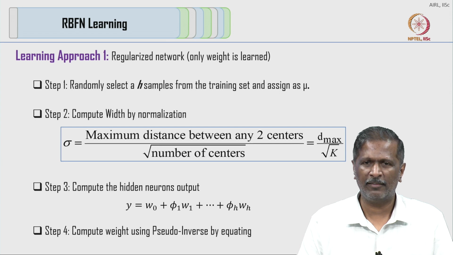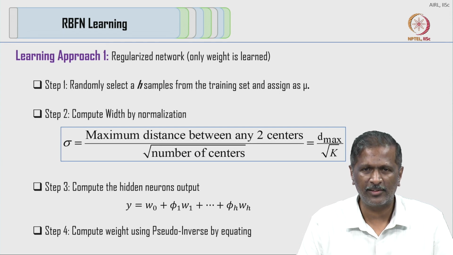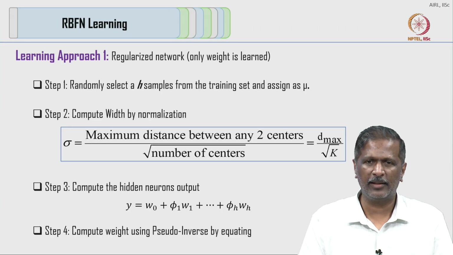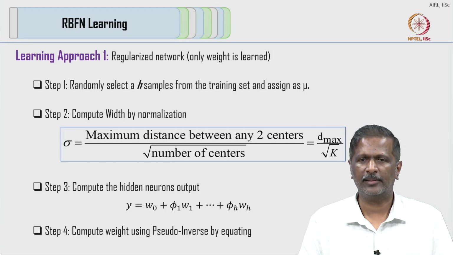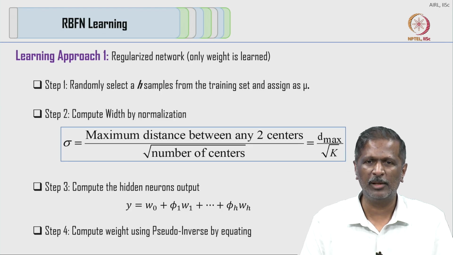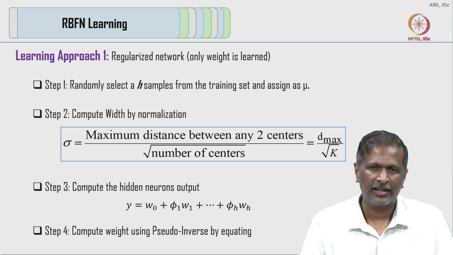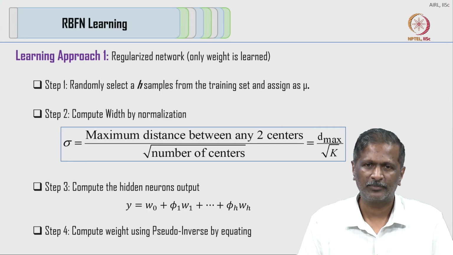I decided to have h number of Gaussian neurons. I can randomly pick some h samples and assign them as my centers. Like in the previous case, I randomly picked 2 samples, 0 comma 0 and 1 comma 1, and made them the centers.